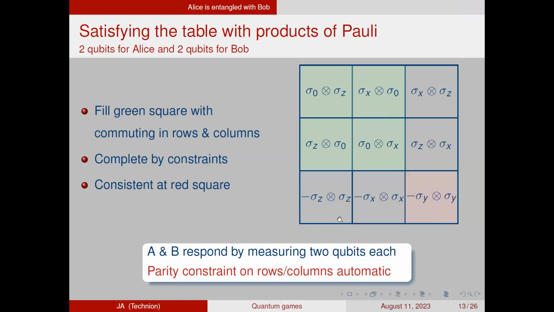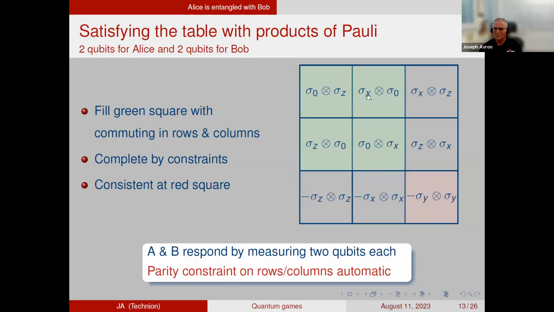Okay, so now what Alice and Bob agree on is a table of what measurements they are going to perform. So for example, if Alice is given the first row, she knows she's supposed to make these measurements. Here she doesn't need to measure on the first qubit, but she needs to measure sigma z on the second qubit.